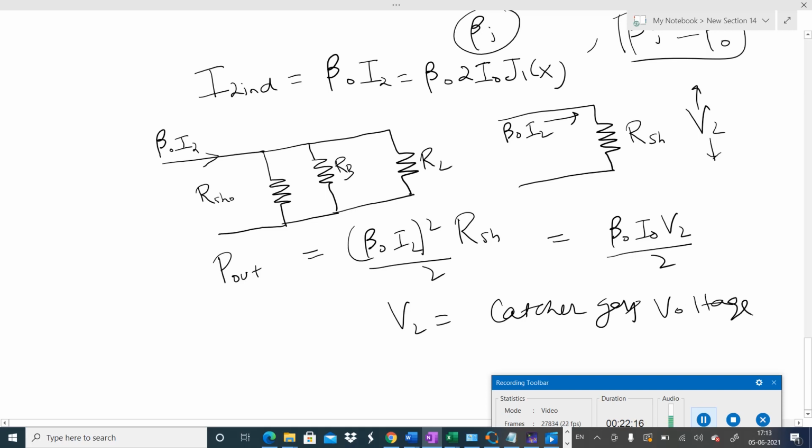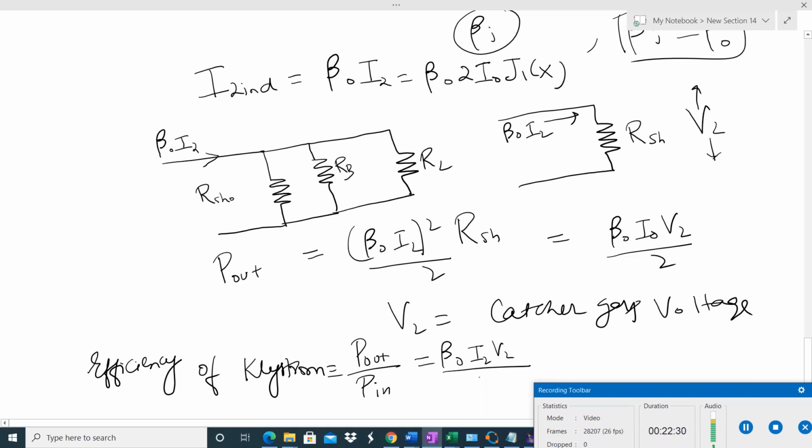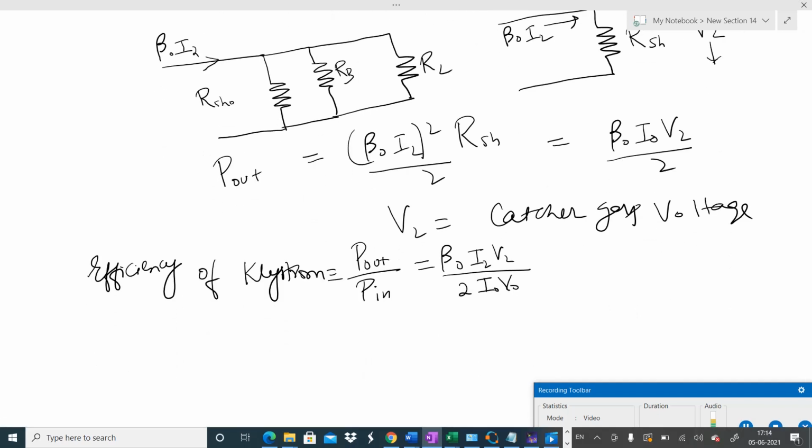Then we define the efficiency of the klystron as output power divided by input power, which will be beta naught I2 V2 divided by 2 I naught V naught. As an example, we take perfect coupling. What will happen in perfect coupling? Beta naught will be equal to 1.